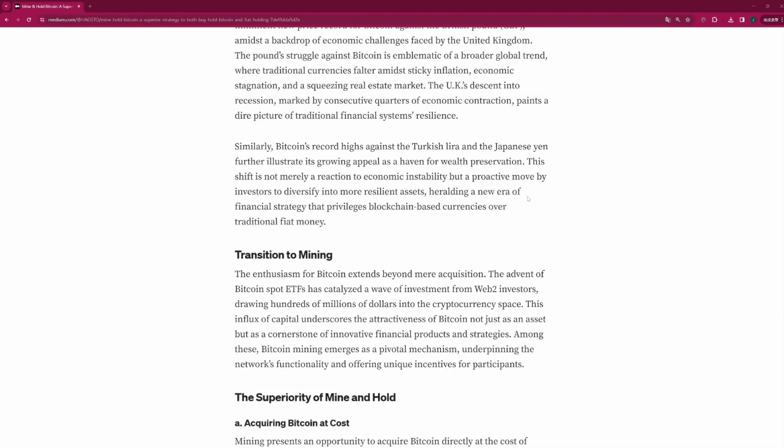The next part is about the transition to mining. We see some potential for Web2 investors, especially institutional investors, to get into Web3. I think this is especially obvious since the passage of the Bitcoin spot ETF. Because the first thing they learn about cryptocurrency when they get into the Web3 world is Bitcoin.